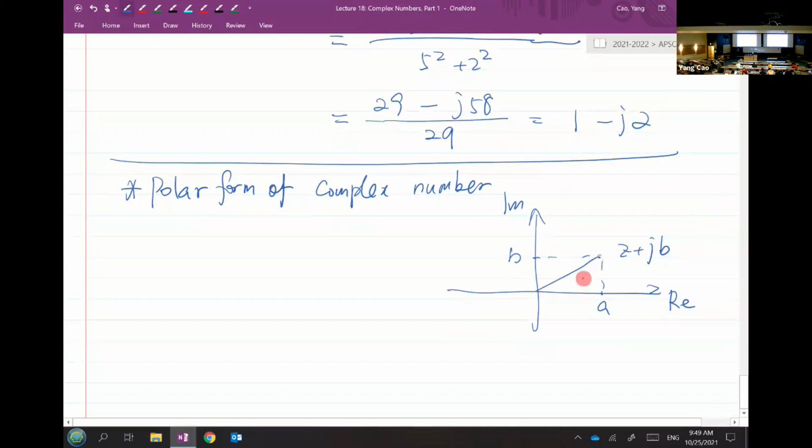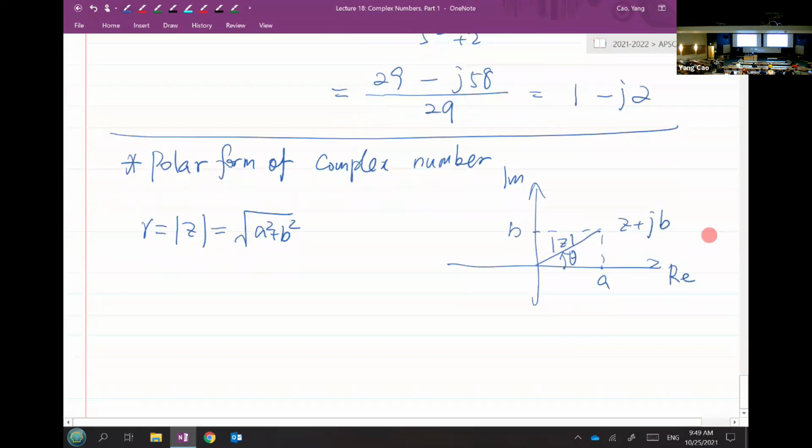Then this is your modulus, and this is your theta. We're going to define the modulus as r. So obviously it's the square root of a squared plus b squared. And theta is the argument, so let's just keep it there.